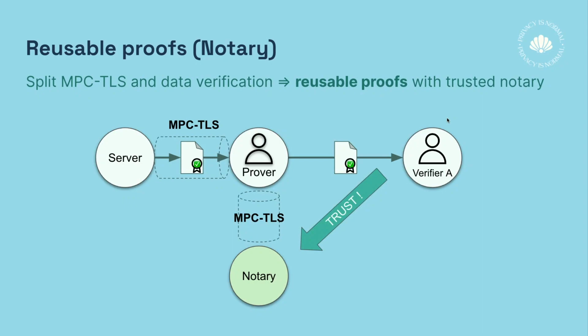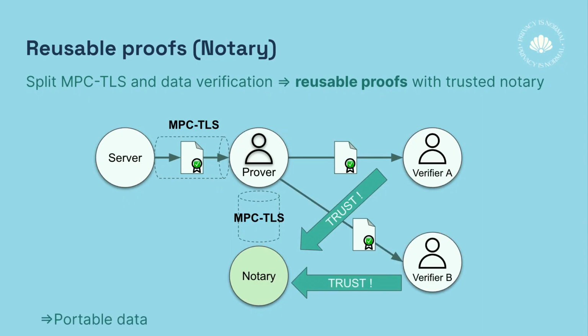Of course, in this setup, it's important that the notary is trustworthy, because if the prover were to run his own notary, then we're back to square one, where you use regular TLS, and you could just fabricate any data that suits you. But in this scenario, you can then reuse the proofs or the signed data with a second verifier. And for some use cases, that's preferable.